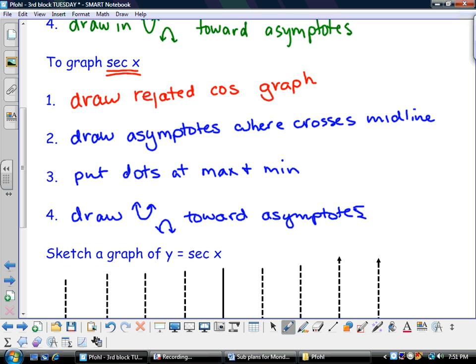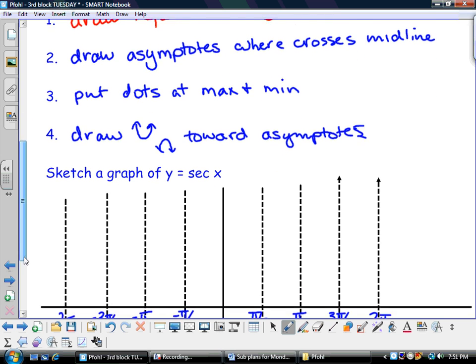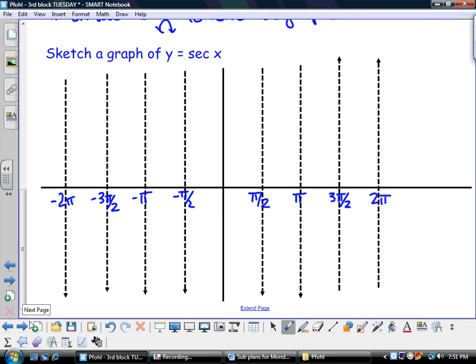Let's sketch a graph of secant in your packet. We need to start by making the cosine graph. The cosine graph is going to start at 1 and then work its way down to -1.